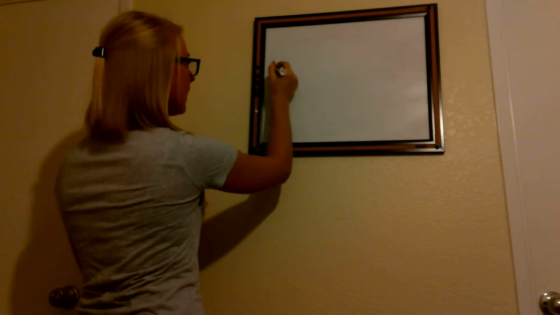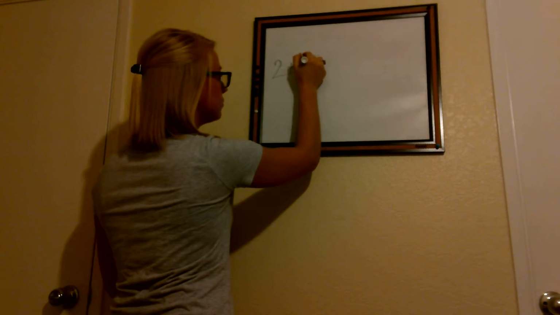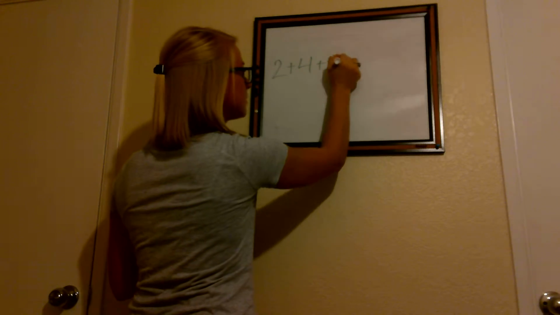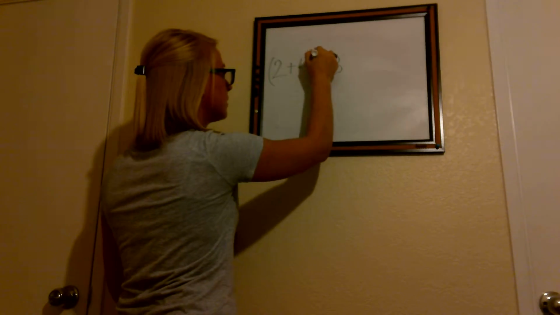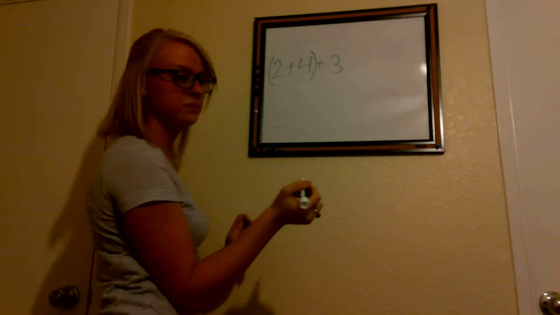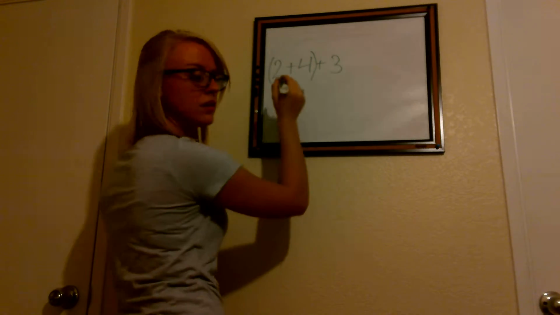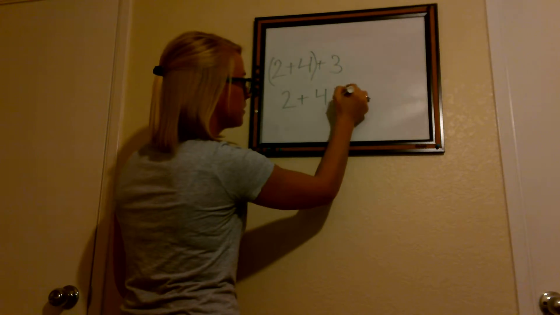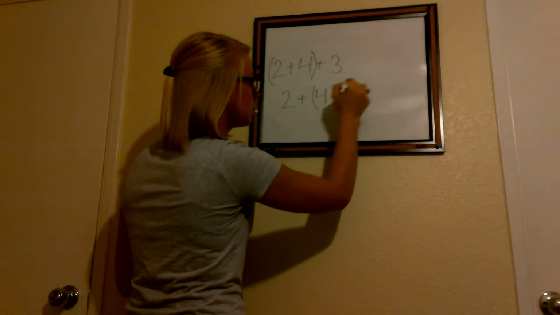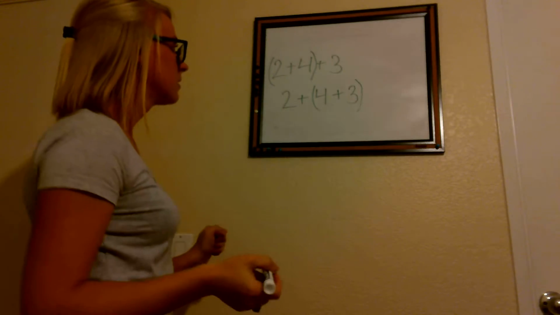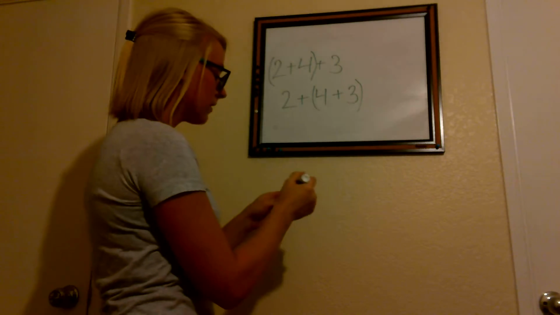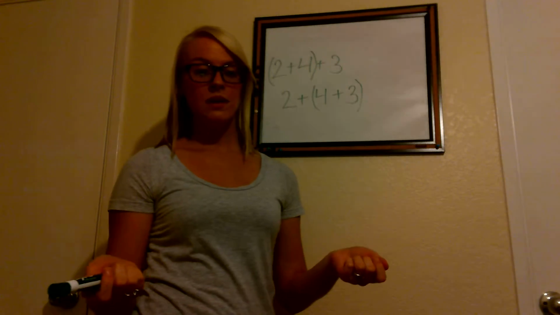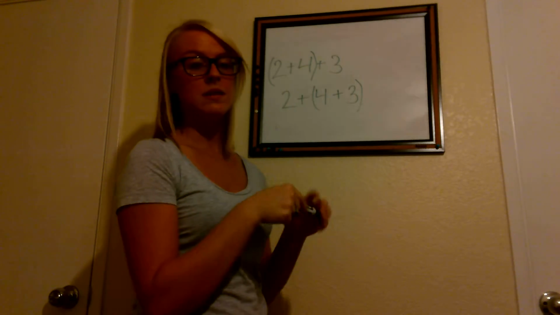So, if I have 2 plus 4 plus 3, and I'm grouping 2 and 4 together, and then I have 2 plus 4 plus 3, and I'm grouping 4 and 3 together. Can you tell me if you think that those are going to come out to be the same answer?